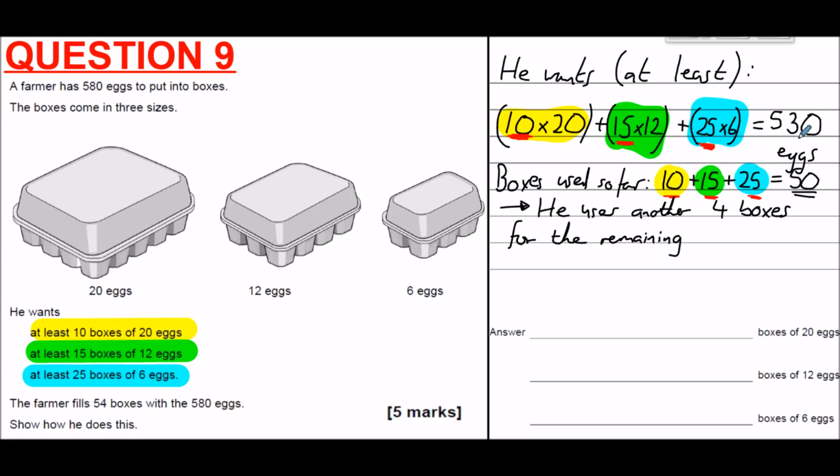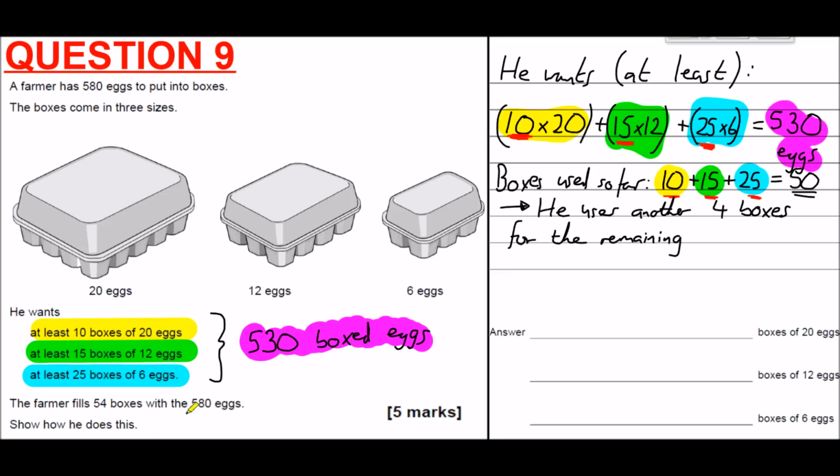How many eggs? Well, so far, according to this, that's enough for 530 eggs, because we worked that out earlier. So far he's accounted for 530 boxed eggs.